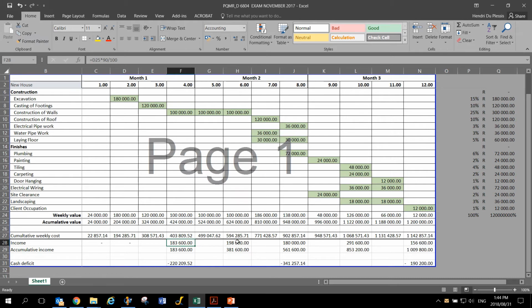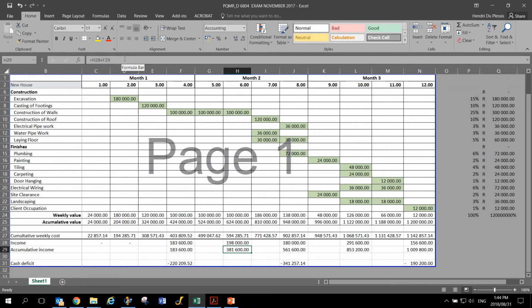Then after week 4, you put in your second claim on 424,000 rands worth of work done. Your income is your total value done to date minus your previous certificate. I think that's straightforward, and then just subtracting your retention to get your income or your claim for that month.